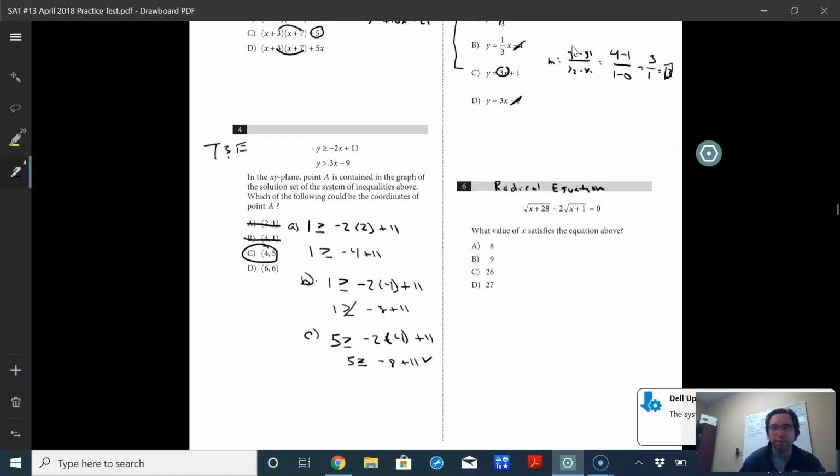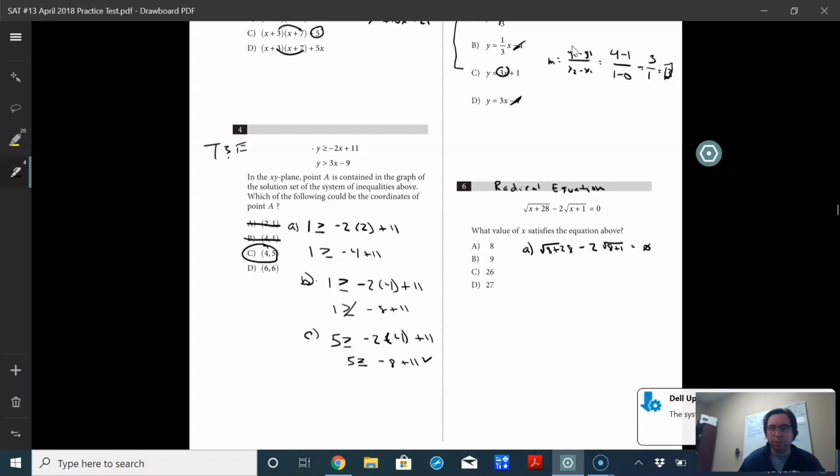We'll try A first, okay? So we'll try A here, and what we get is the square root of 8 plus 28 minus 2 square root of 8 plus 1 equals 0.